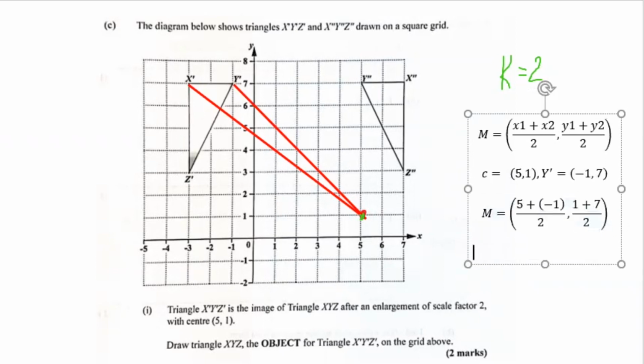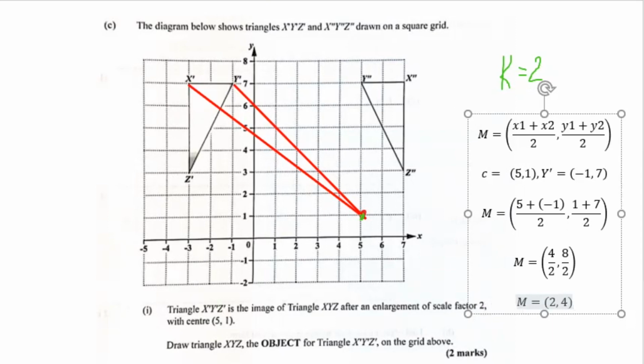So when you work that out, 5 plus -1 gives us 4 over 2, and 1 plus 7 would be 8, that is 8 over 2. So we're closer to our answer. So therefore our midpoint is equal to 4 divided by 2 would be 2, and 8 divided by 2 would be 4.